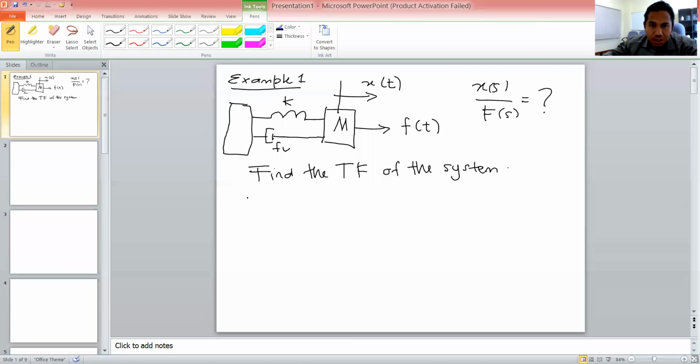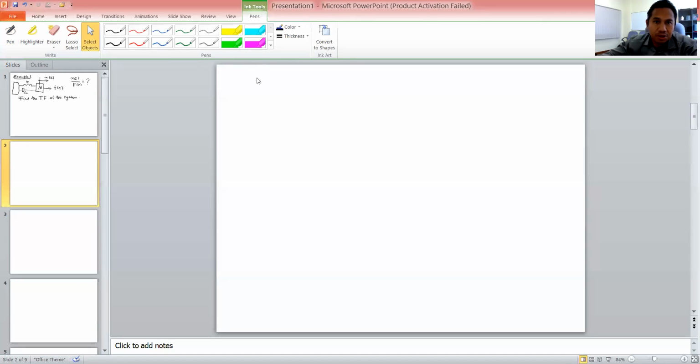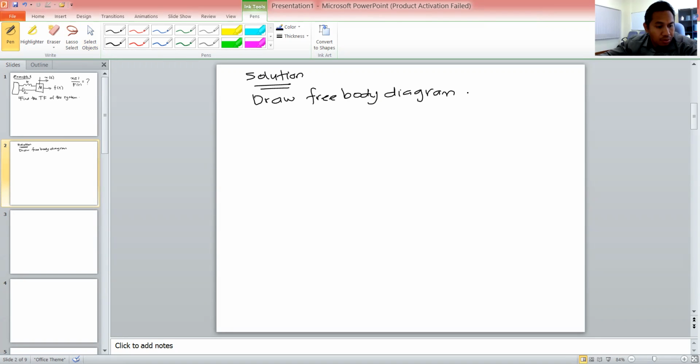Okay, now we need to draw the free body diagrams of a system in S domain.